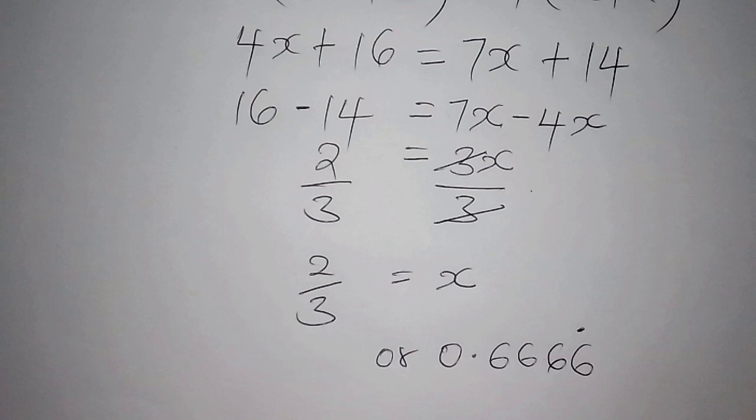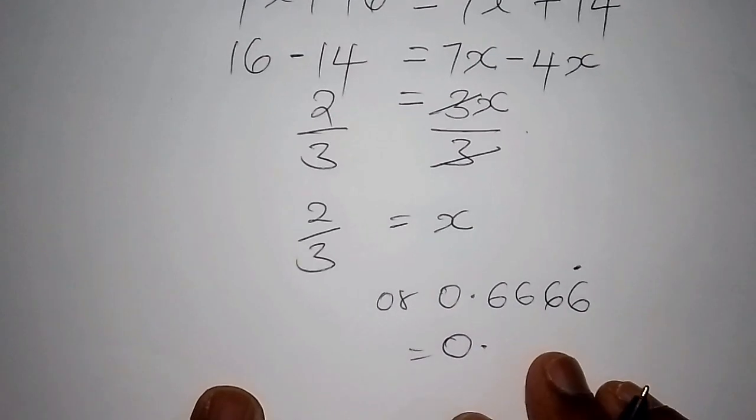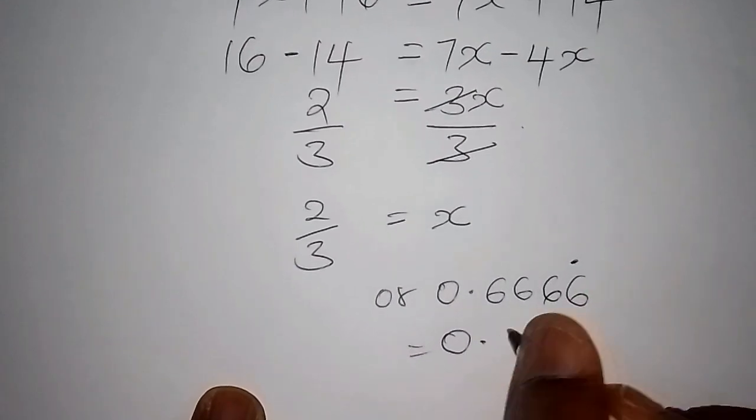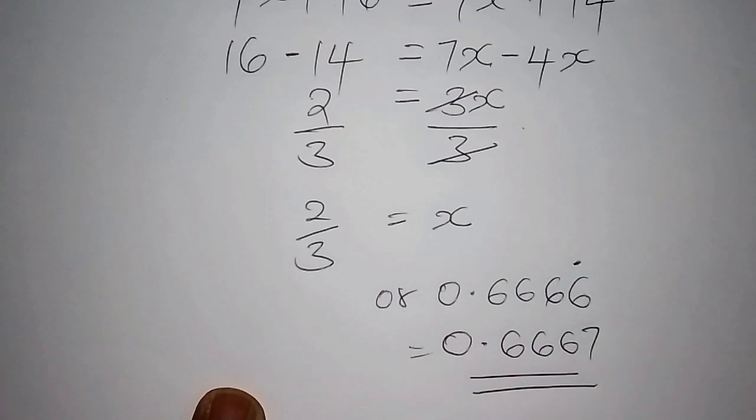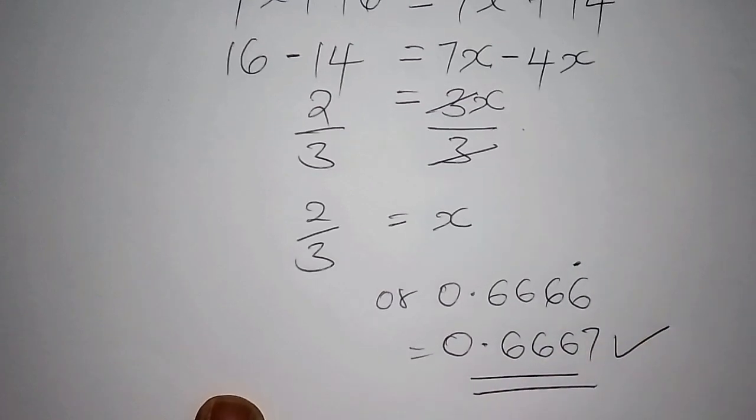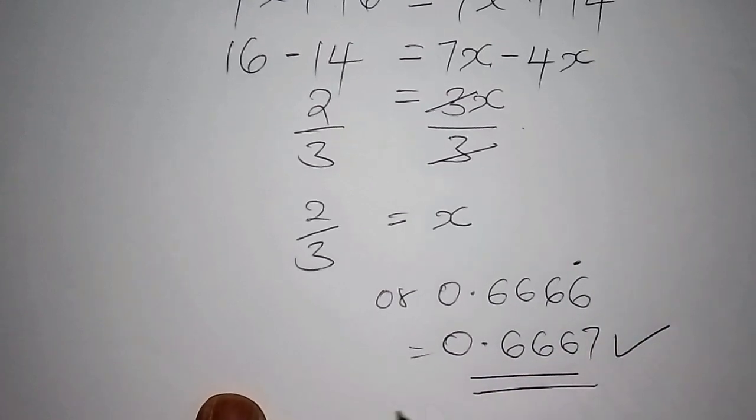When we round it off to 4 decimal places, we shall have 0.6667. That shall be our final answer. If you happen to get 0.6667 or 2/3, whichever, it's the correct answer. This 2/3 is the fraction, and 0.6667 is the decimal.